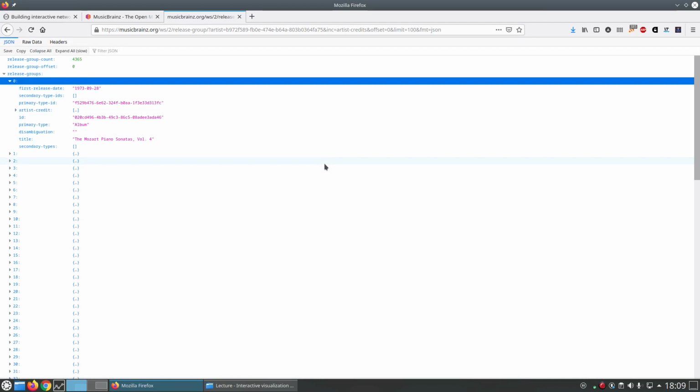For instance, this one, I see now the Mozart Piano Sonatas Volume 4. So I'm asking the API to give the first 100 albums that it has stored in its database that Mozart has authored. And again, let's remember, not authored as in playing the violin there, but he was the composer, and he was acknowledged by the musicians that actually performed his music.